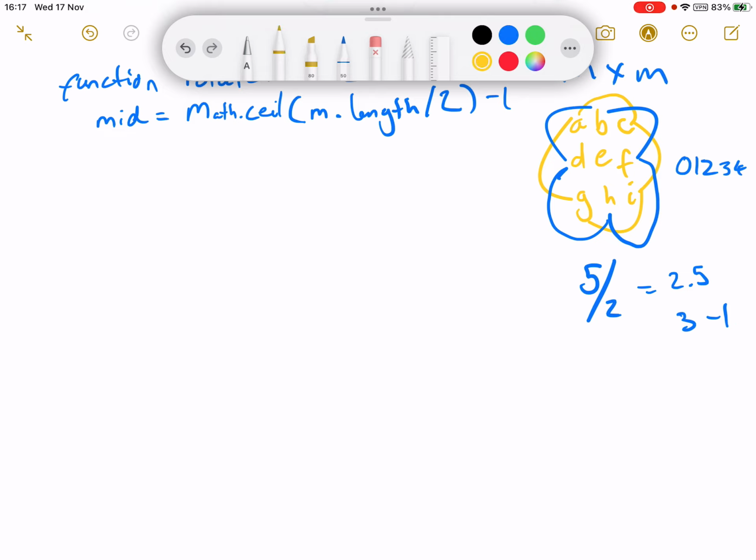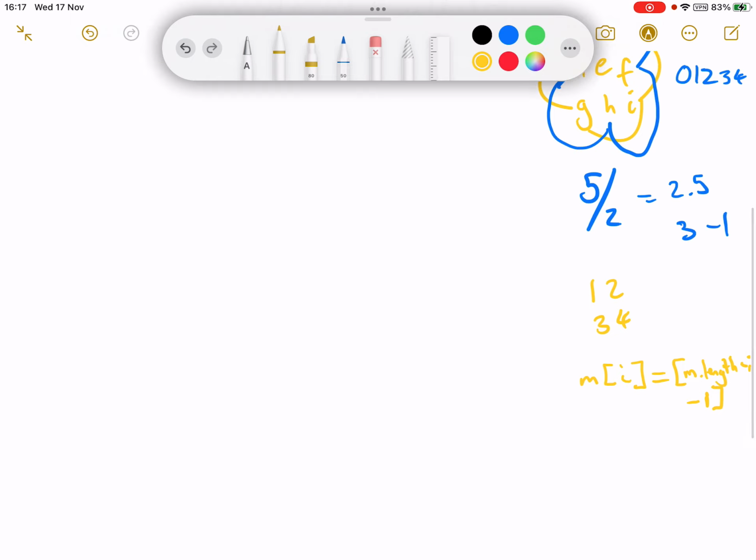Oh yeah, so this midpoint, what am I thinking? Alright, let me just try and explain what I'm thinking so far. I'm sorry, I'm being a bit confused. So, okay, so 1, 2, 3, 4. In essence, we want to make m at I equal to m dot length minus I minus 1, right?